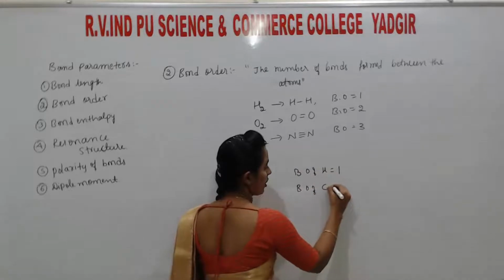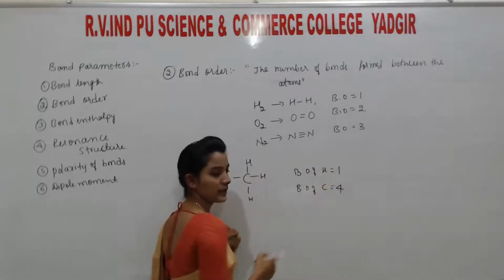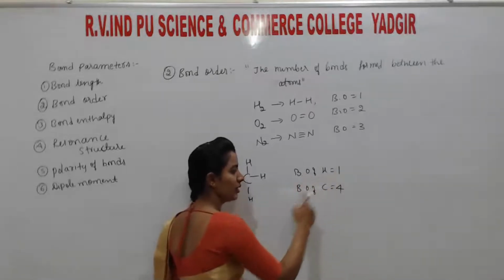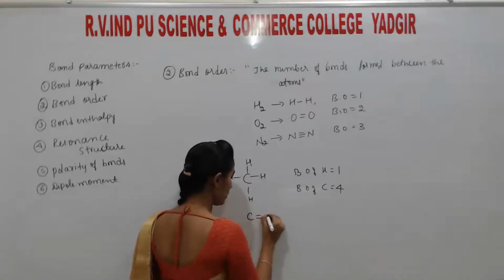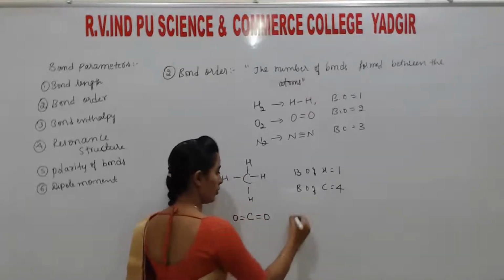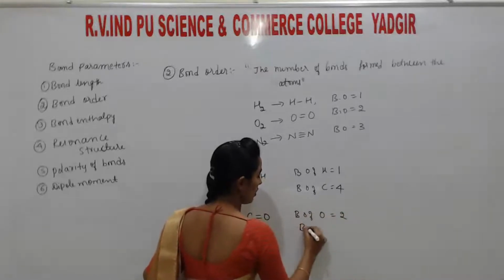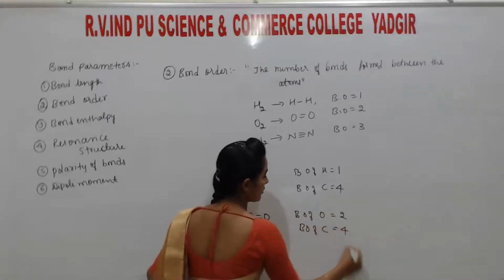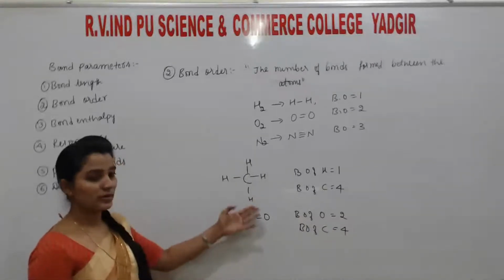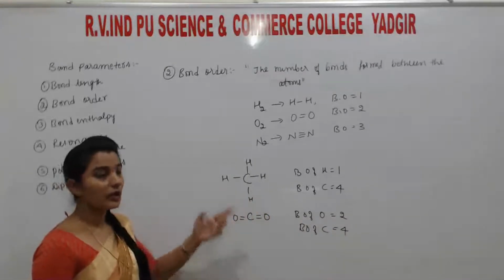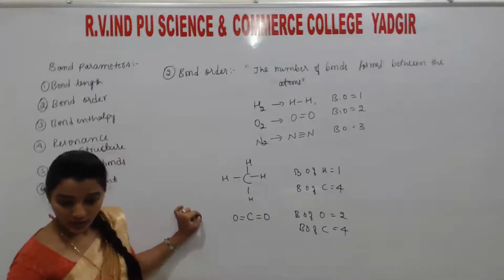Bond order of carbon is 4 because it is forming 4 single bonds. Here also, in CO2, C double bond O on both sides, so bond order of oxygen is 2, and bond order of carbon is 4. So this is the number of bonds formed between the atoms, that is called bond order.